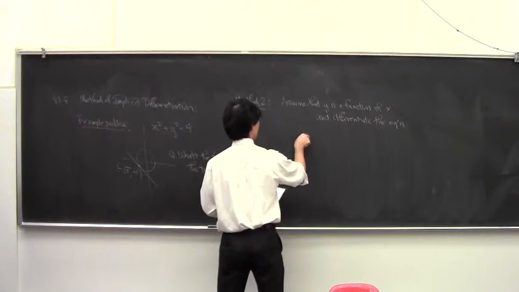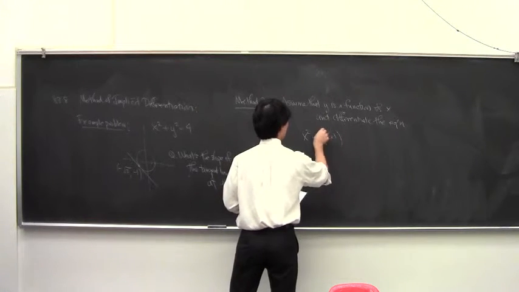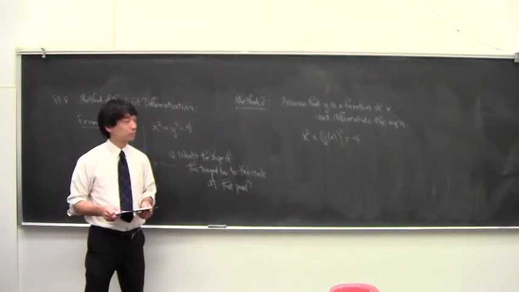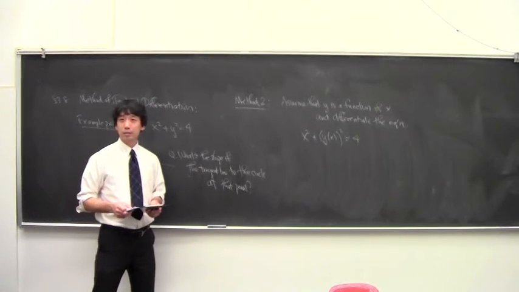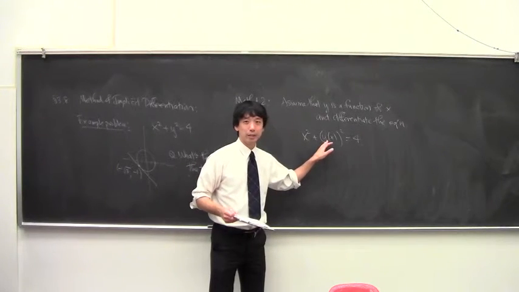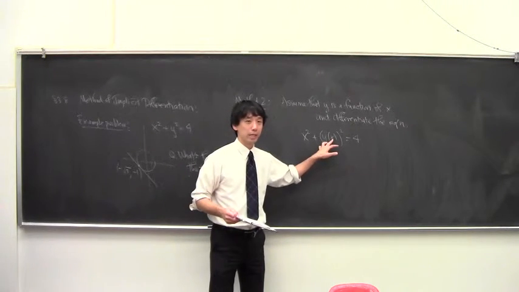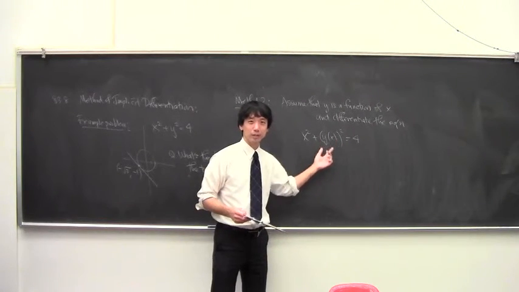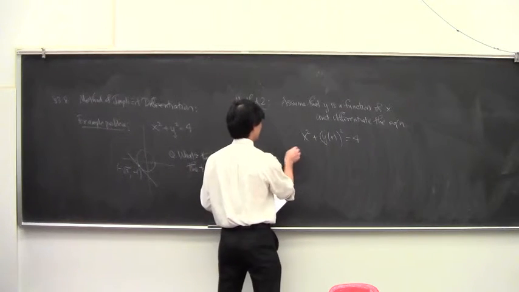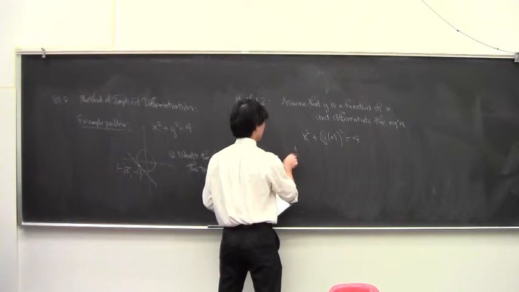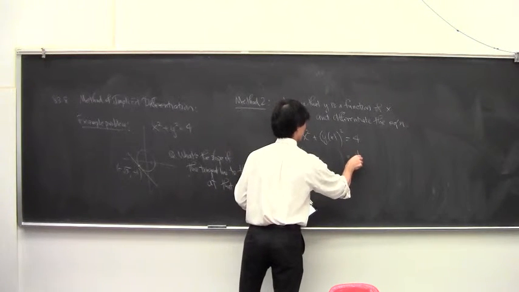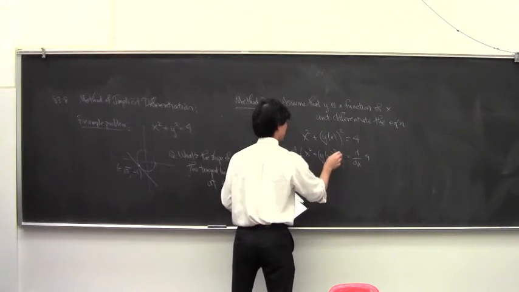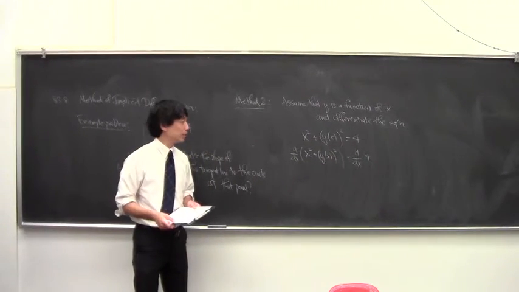So x squared plus y squared equals 4, but just remembering that y is dependent on x. Y is actually a function of x. So we're going to write it as a function of x, and then you differentiate both sides with respect to x.